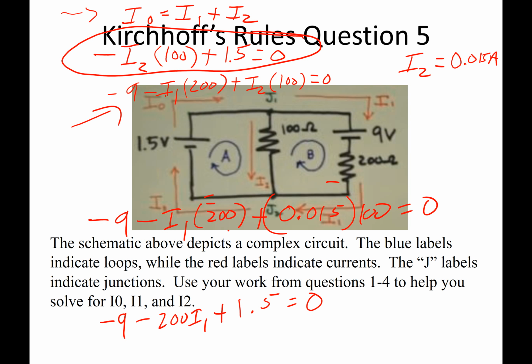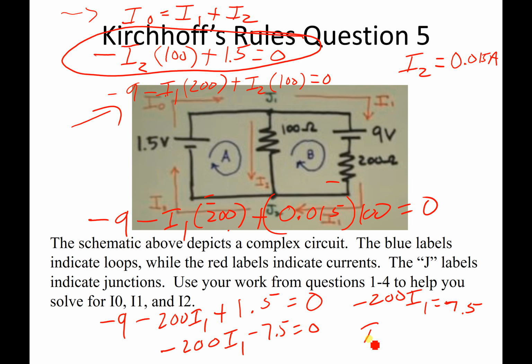The easiest way to do that, let's go ahead and combine the 9 and the 1.5. That's going to give us negative 7.5. Now let's add the 7.5 to both sides, and then let's divide both sides by 200.